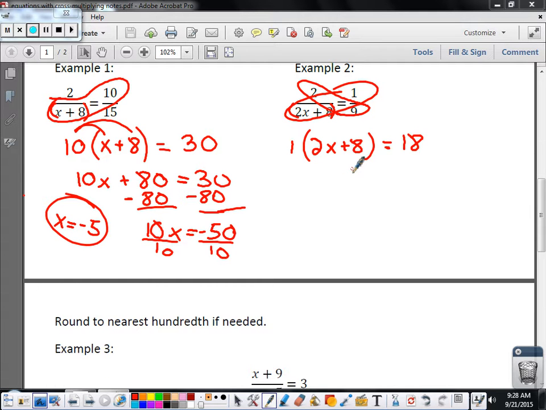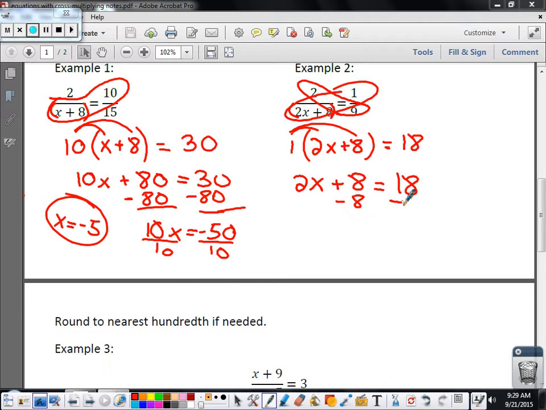18. Well, when I have a 1 outside the parentheses and I have to distribute a 1, when you multiply something by 1, guys, what happens? It stays the same, right? So I'm going to distribute this 1, and then it's going to say the exact same. 1 times 2x is 2x. 1 times 8 is 8. So 2x plus 8 equals 18. Then what? I want to get x by itself.